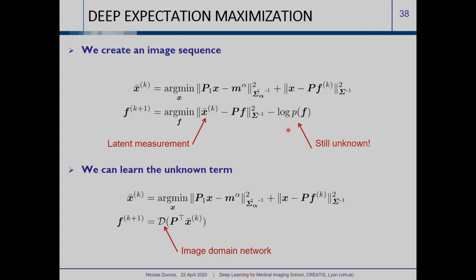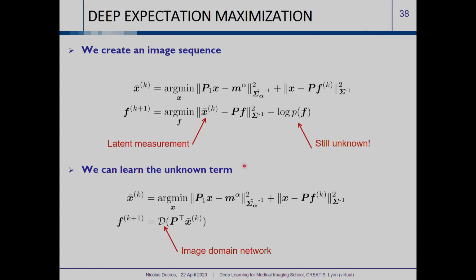Another remark is that in this equation we have the probability density function of f, so this term is unknown. We don't really know about this. In these two equations we have introduced the noise model that I described in the previous slide. The noise model is in here. So we have used this hypothesis, but we are still left with this unknown probability density function of f.